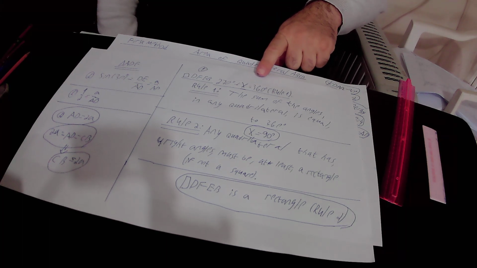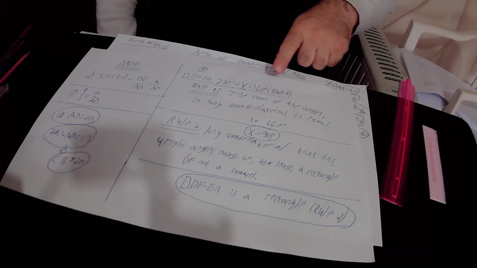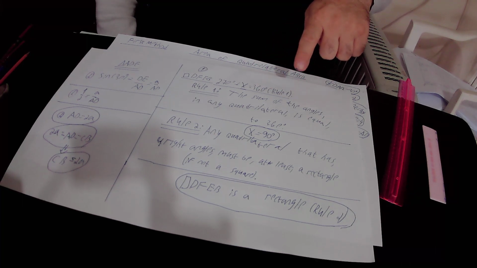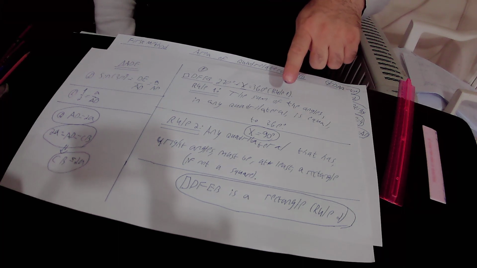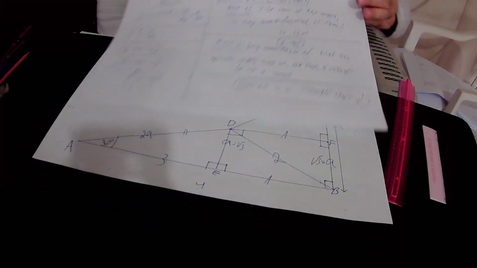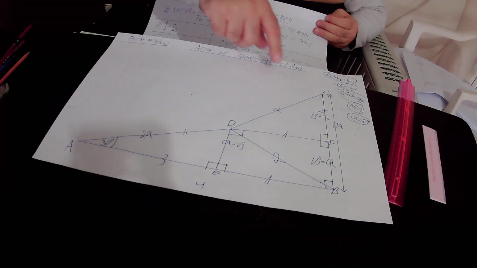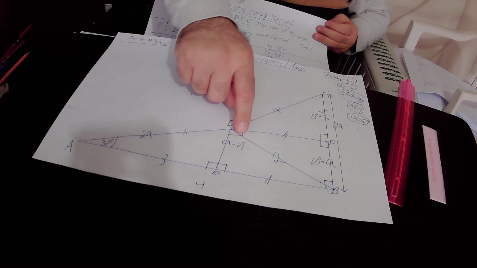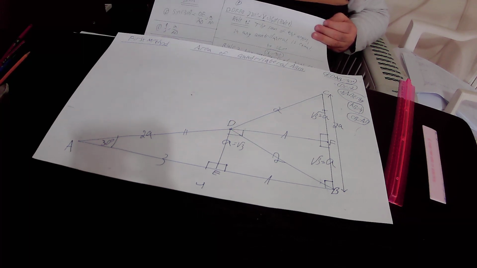We subtracted 270 degrees and we got that angle x equals 360 degrees minus 270 degrees, which equals 90 degrees. So angle x is a right angle.